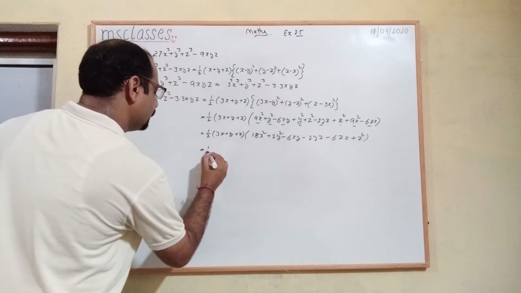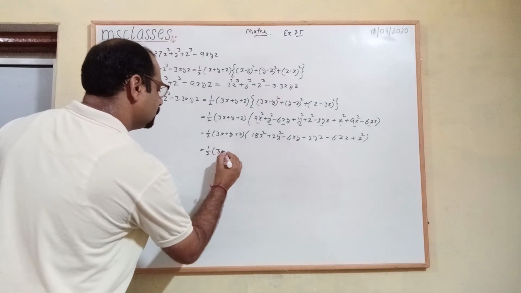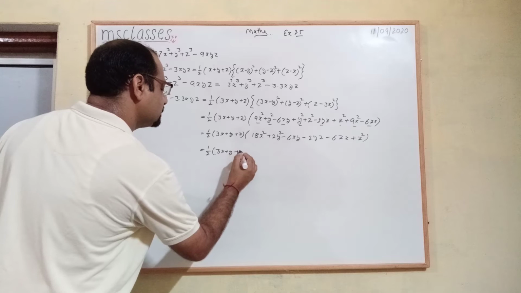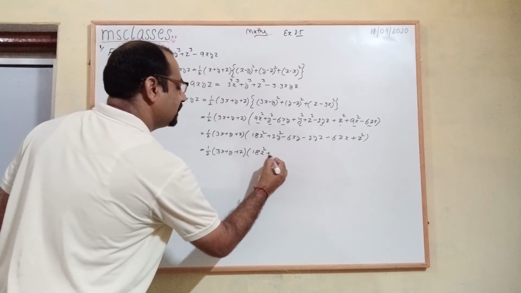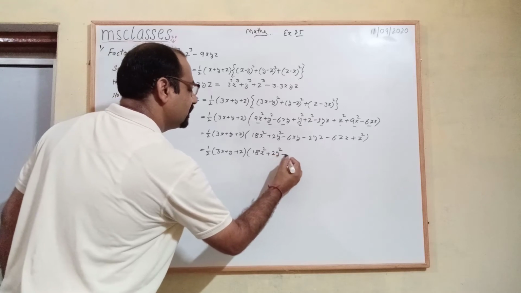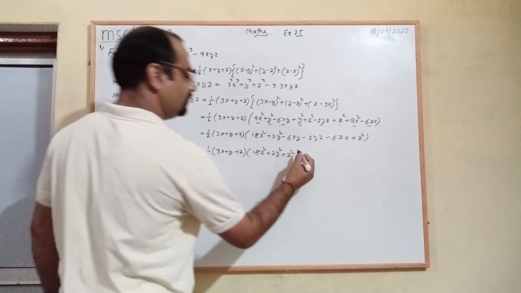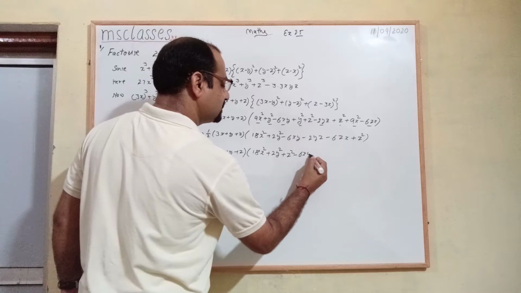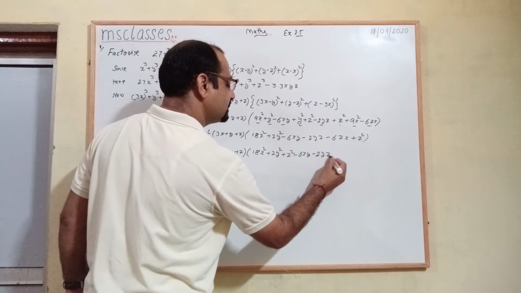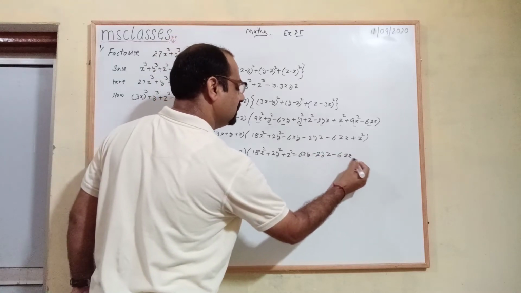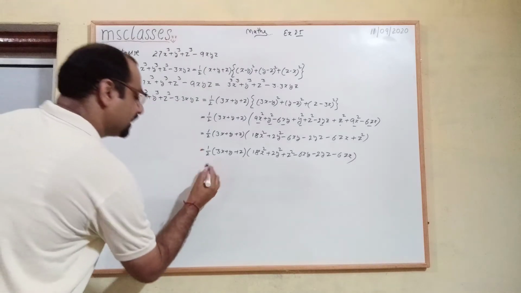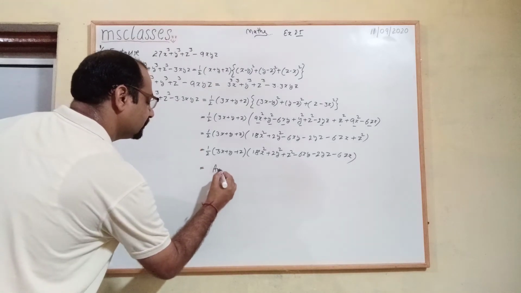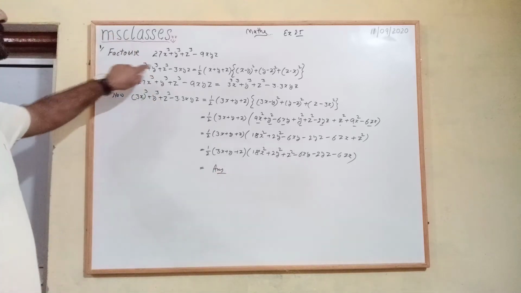So this is 1 over 2 into 3x plus y plus z into 18x square plus 2y square plus 2z square minus 6xy minus 2yz minus 6zx. So these are the factors of your question, right?